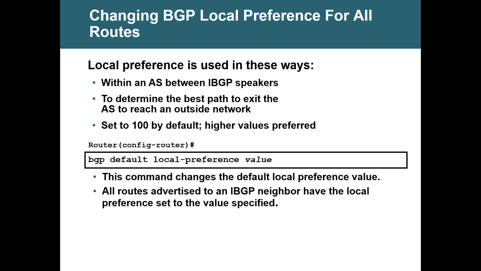If I give a higher number on this router, then this router will be the preferred exit for all routers inside the autonomous system. For any destination from your autonomous system, this router will become the exit.